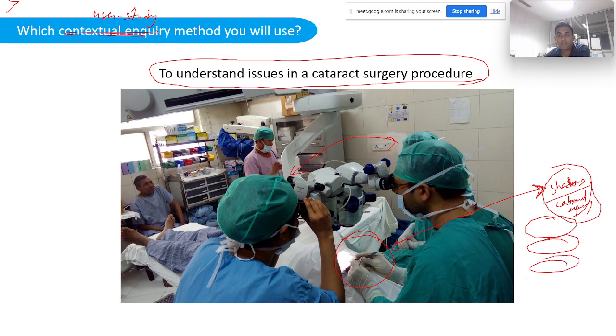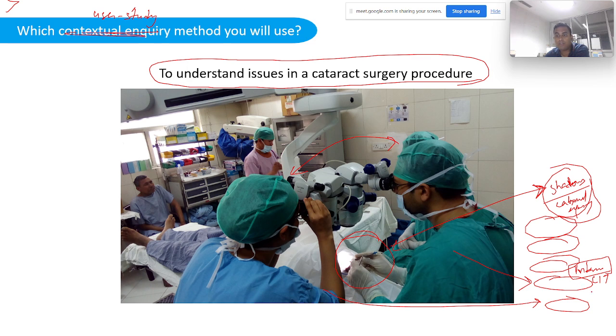Now next, what you do, you then meet these people individually and do an interview, and then you use critical incident technique to understand what was the particular issue you faced, or what was the procedure, why you both have to interact.